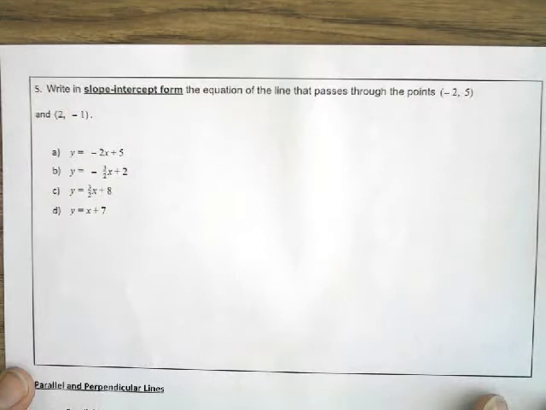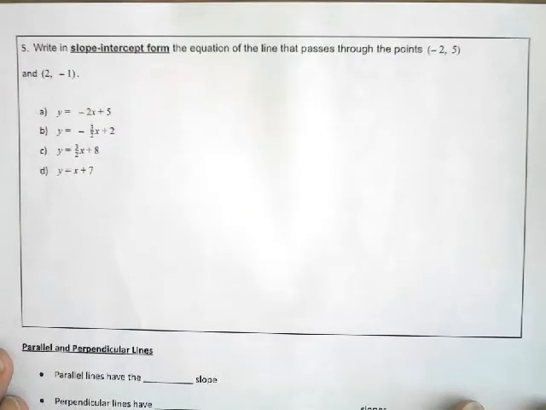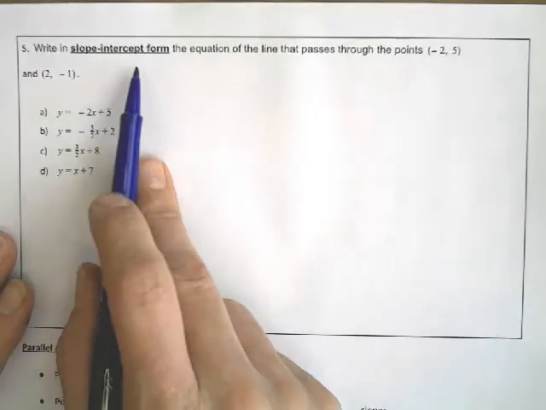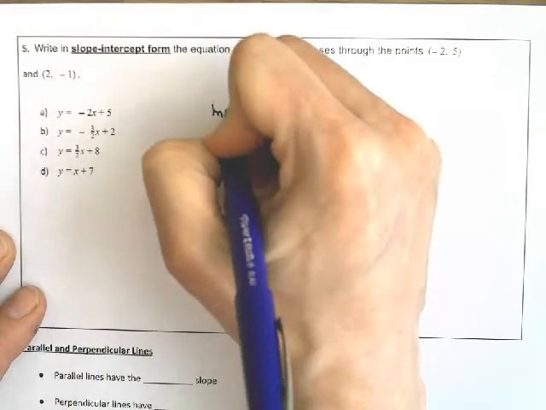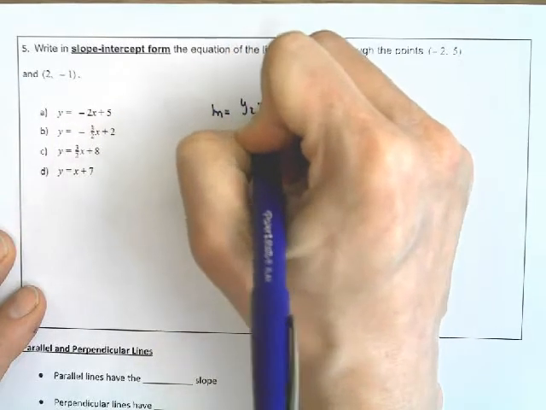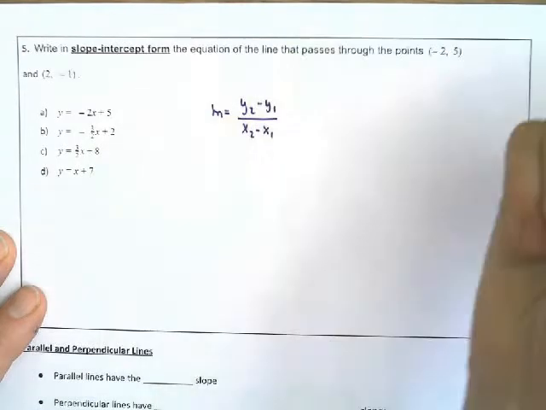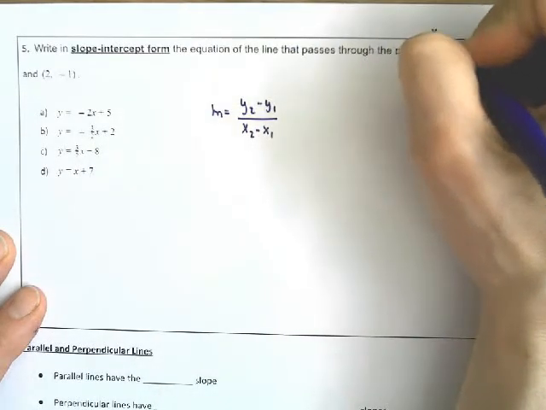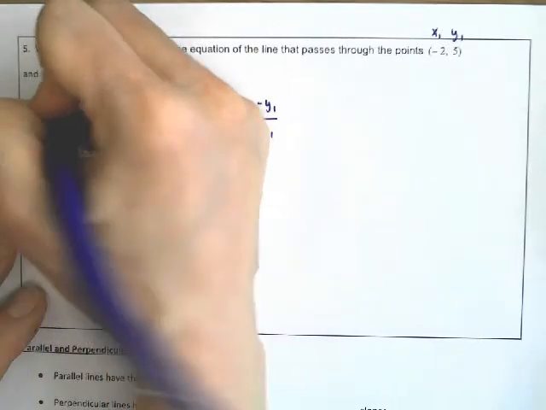Okay, now we're going to use this to actually write the equation of the line. Okay, so the deal here is, again, to write the equation, I need an m and a b. So in this case, I'm going to use the slope formula to find my m. That's my first step. So I'm going to label my points x1 and y1 and x2 and y2.